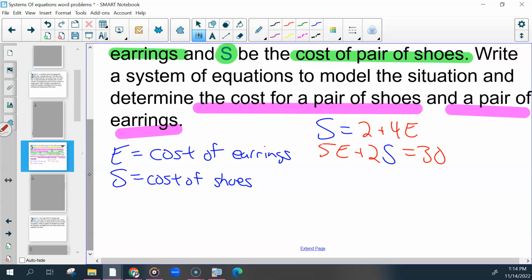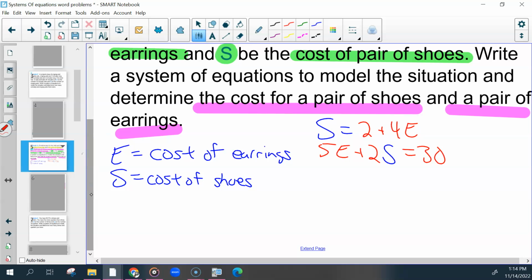Almost all of your problems are going to be set up that exact same way. The second equation, not the first. If you have an equation that has a variable solved by itself already, which method would be best to use here? Substitution.